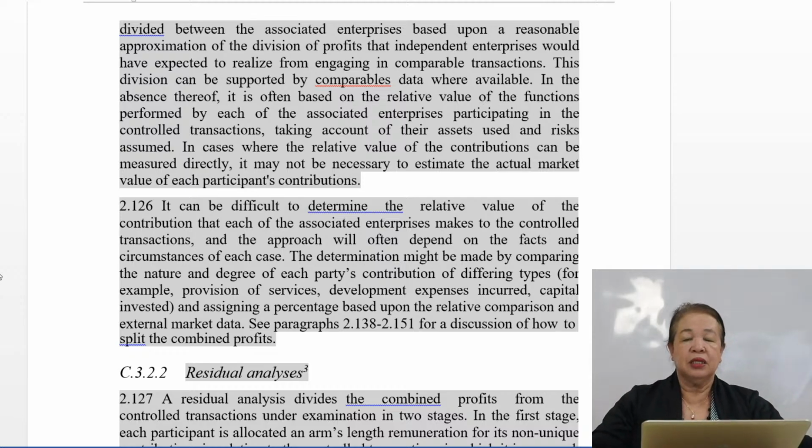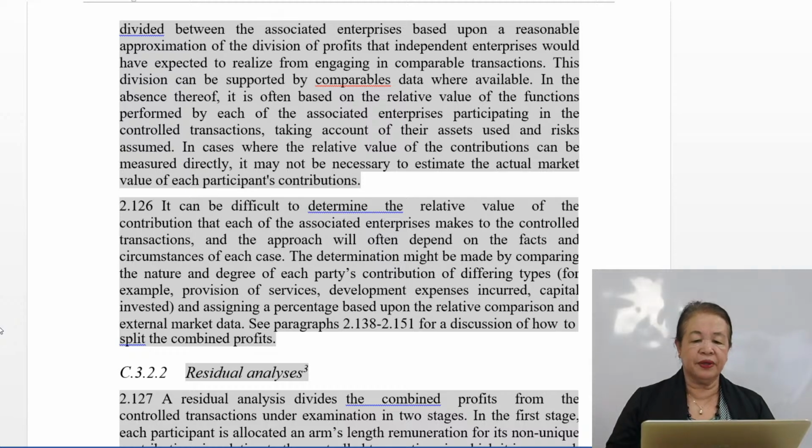Sabi naman ng guidelines kung intentional yung shifting ng profit at dapat dito siya sa Pilipinas. Pero because of the control ng isang company, doon nila ni-report sa ibang bansa, then pwedeng ibalik yung profit na yan dito sa Pilipinas and taxed accordingly. No? Okay.